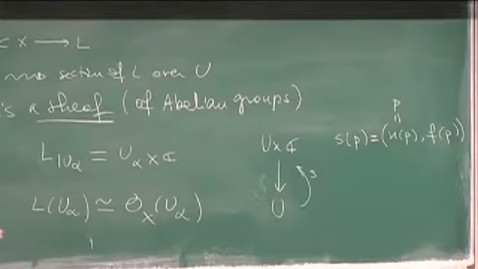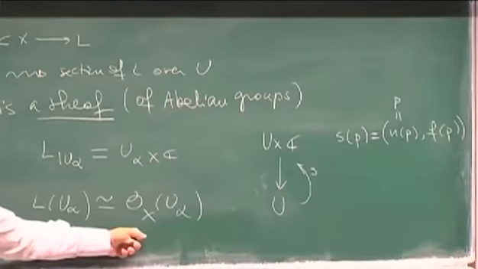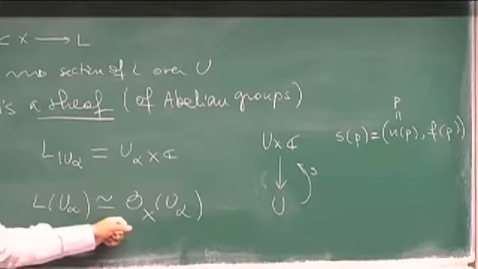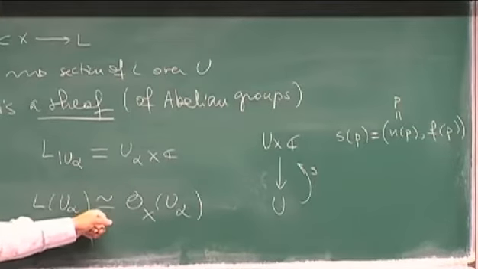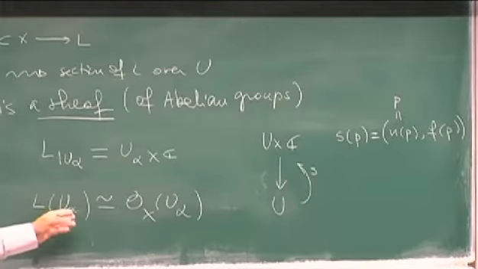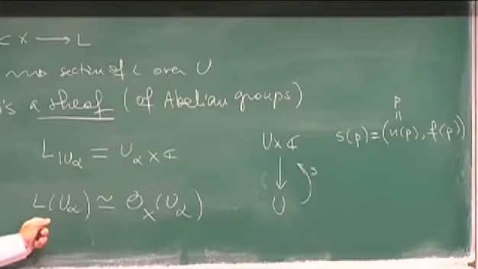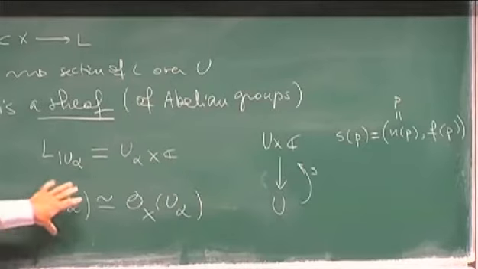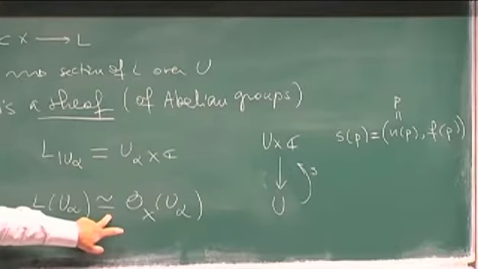So I'm not saying that L is the same sheaf as of X, because this is true only locally. It may very well be that I choose an open subset over which L does not trivialize, and therefore this will be false.